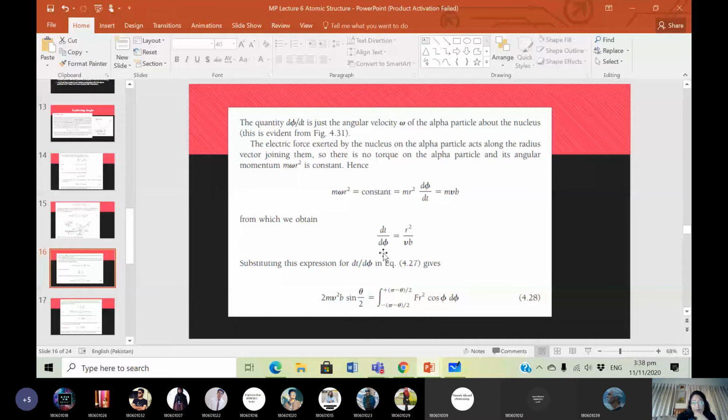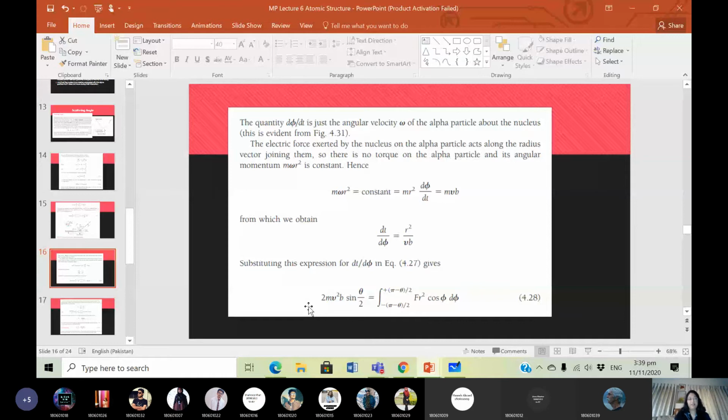Sin theta over 2, v square b, the vb we moved to this side, and then we get f r squared cos phi d phi. Is this understood so far?